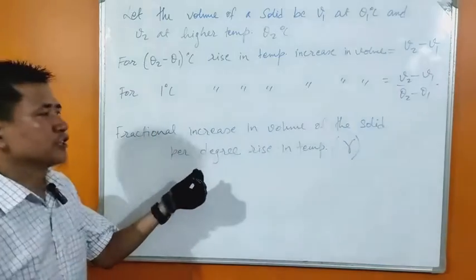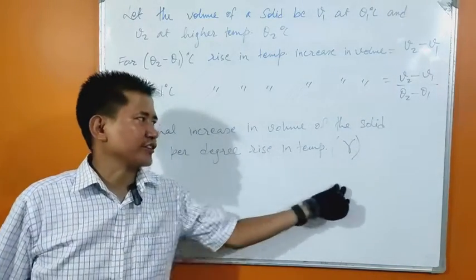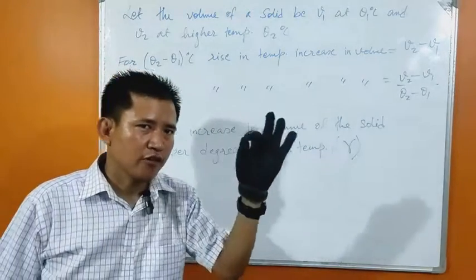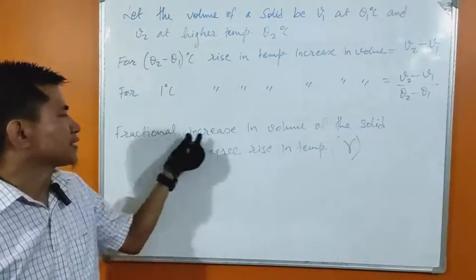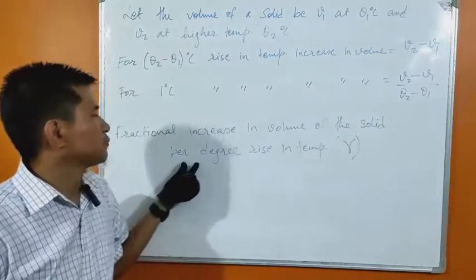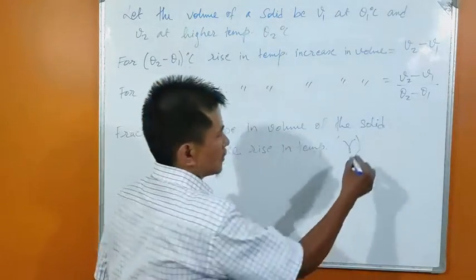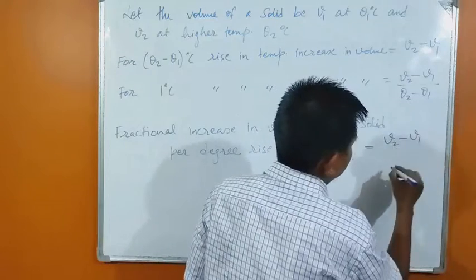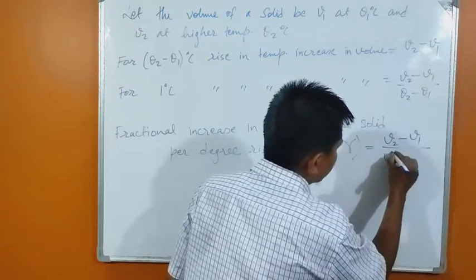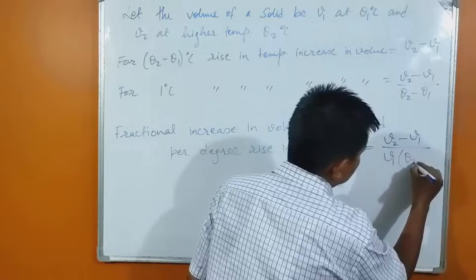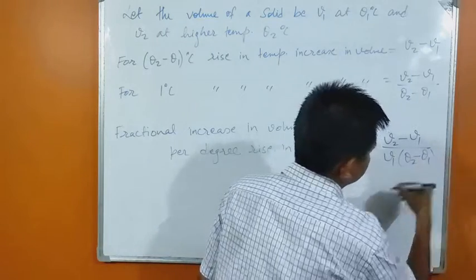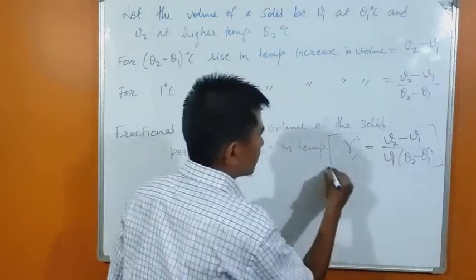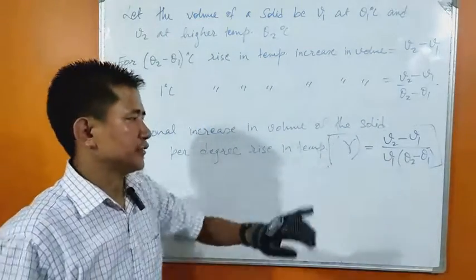Coefficient of volume expansion of solid is denoted by the letter gamma. Fractional increase means V2 minus V1, increased volume, divided by original volume, isn't it? Divided by theta 2 minus theta 1, per degree rise in temperature. So this is the coefficient of volume expansion of solid.